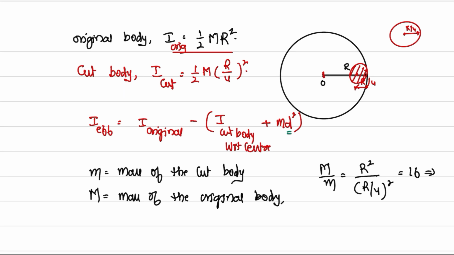That implies small m is equal to capital M by 16.